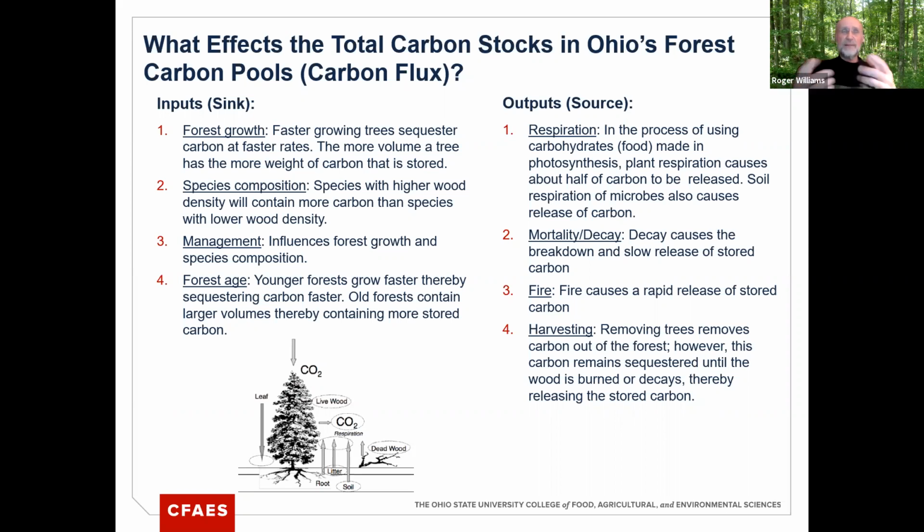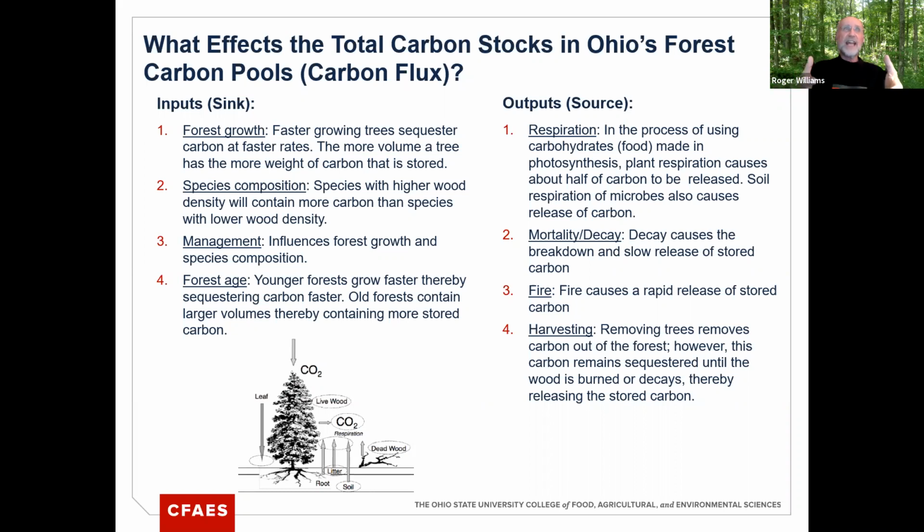Species composition. I'll show you after this slide how that really can make a difference. Species with higher wood density will contain more carbon than species with lower wood density. That's going to be an influence. And obviously management. When we're looking at the management of forests, that certainly will influence the forest growth and species composition, which is what I highlighted there in points 1 and 2.